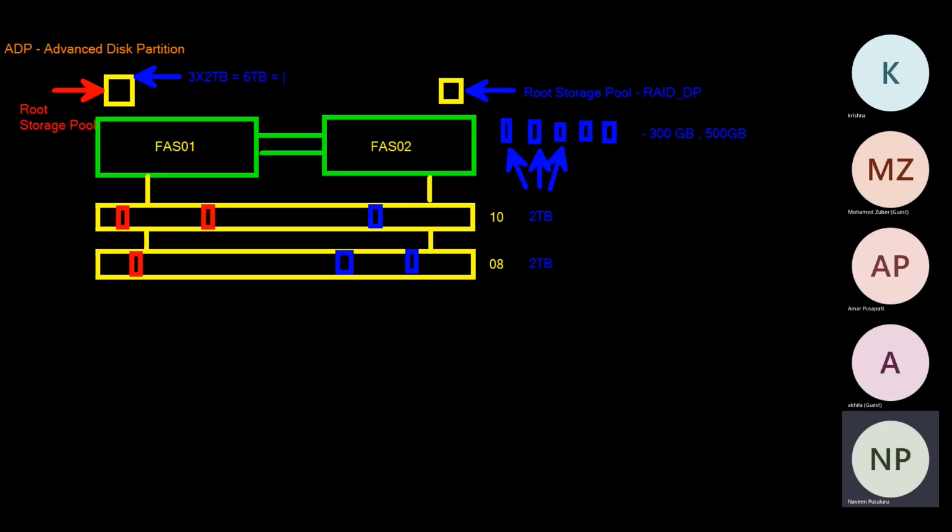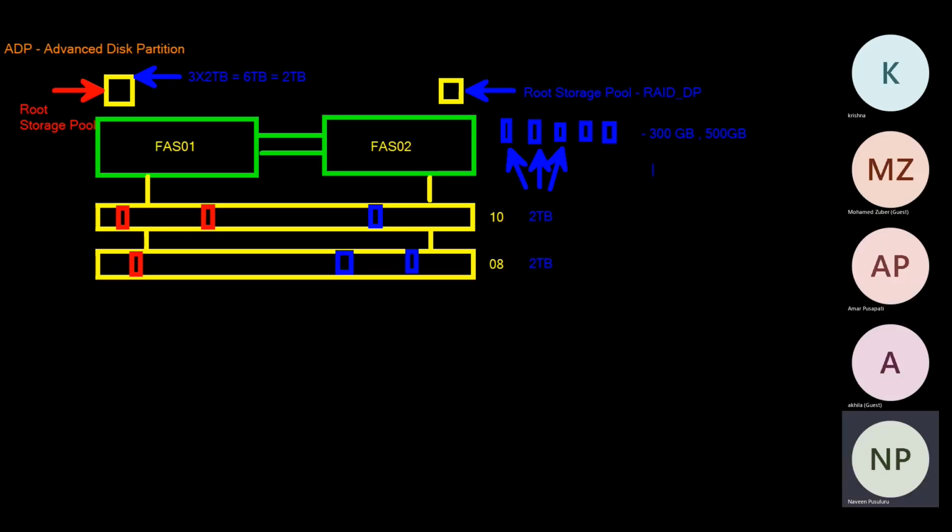Of the 6 TB, one will go for parity and one for double parity. That means data gets 2 TB only. Overall we are using 6 TB, but we can write data to only 2 TB, because the remaining 2 disks are parity and double parity, which contain duplicate data. Still, 2 TB is also very high for controller configurations, right? The same thing here as well.